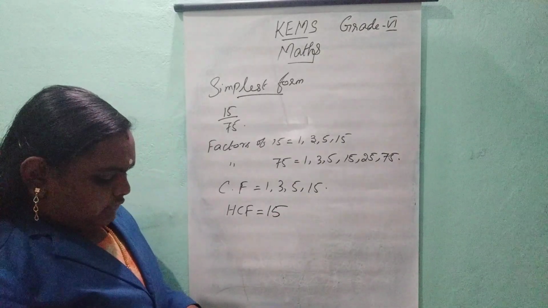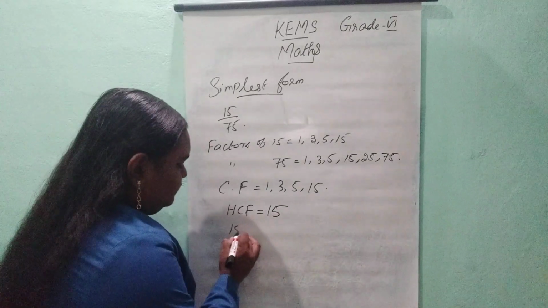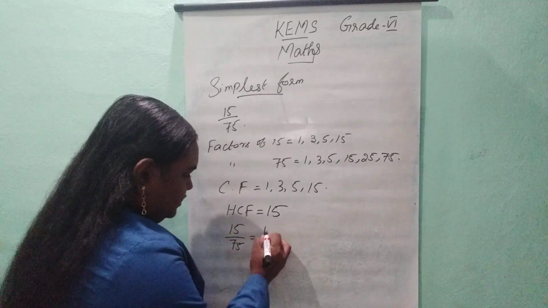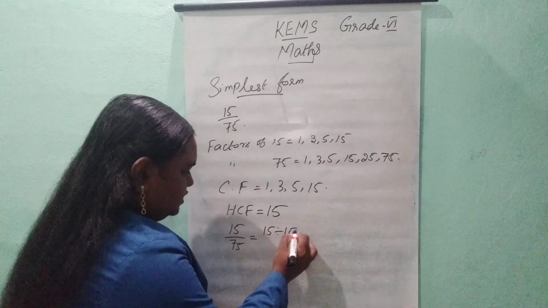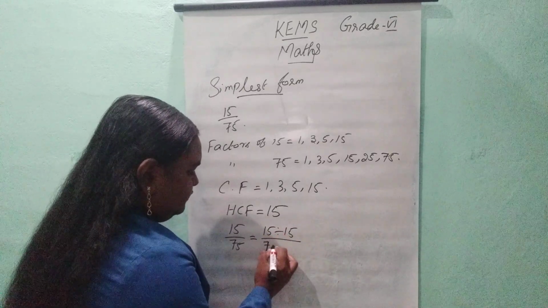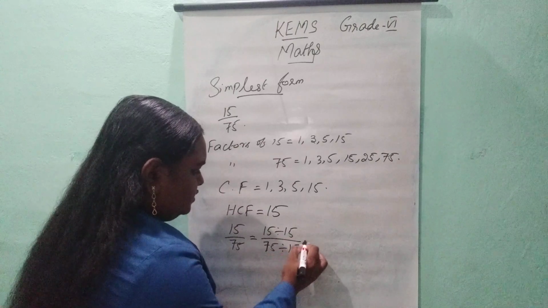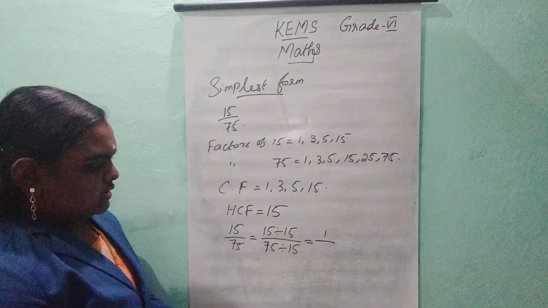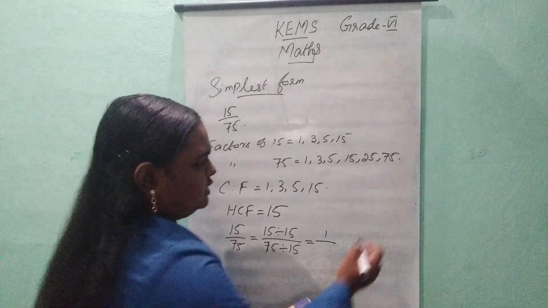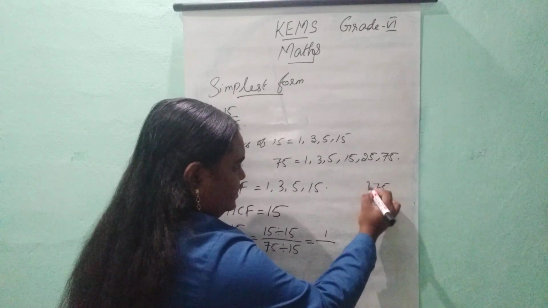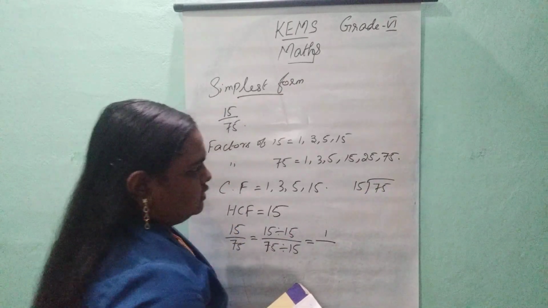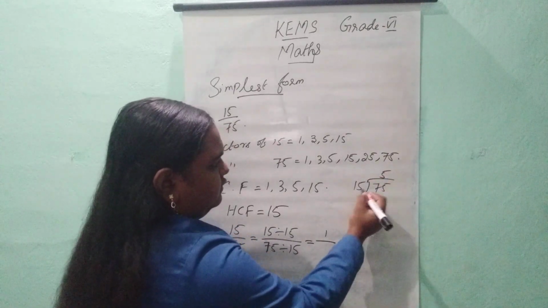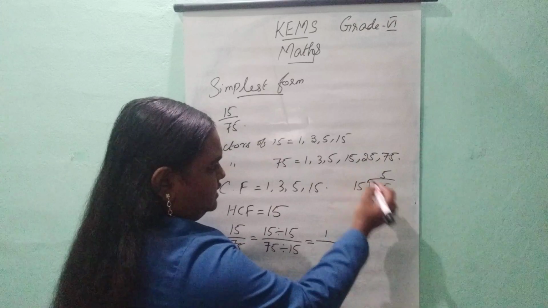So now 15 divided by 75 is equal to 15 divided by 15 over 75 divided by 15. So 15 divided by 15 is 1. 75 divided by 15: 5 5s are 25, remaining 2, 5, 6, 7.